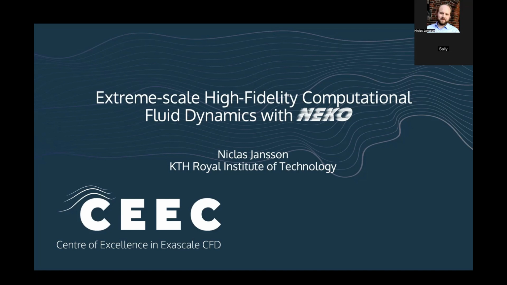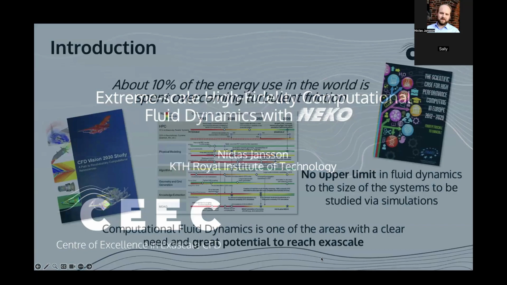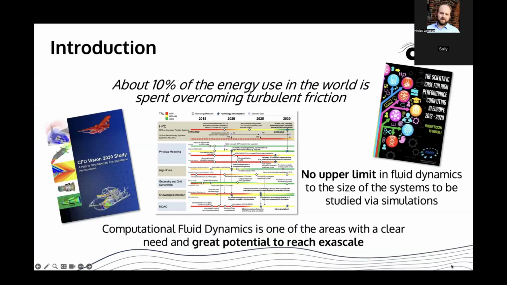So to give a bit more background and motivation, we are doing CFD, and why is it important? Because there's a lot of energy used in the world overcoming turbulent friction, and to create better airplanes and better cars, we need very detailed simulations, so-called wall-resolved simulations. For that, you need to do a large amount of compute.